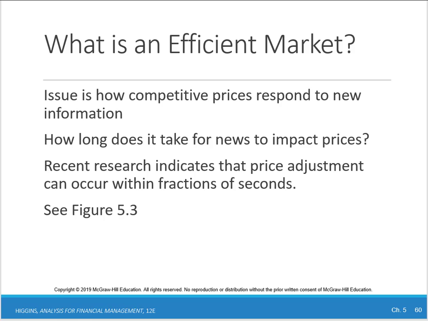So we need to understand that there are two questions. Number one, is information in the price? I think most research shows that information is in the price. What kind of information? Only public information, not insider information.